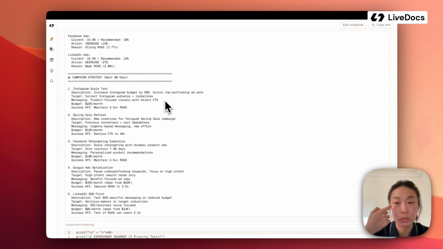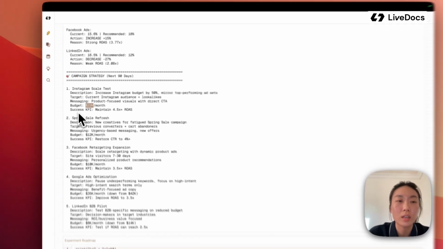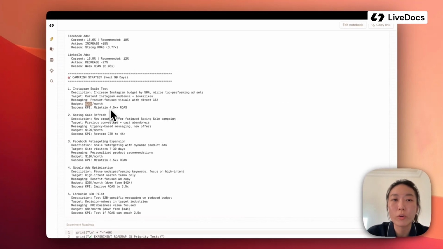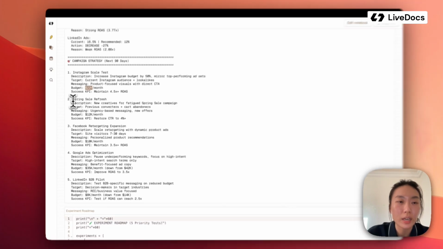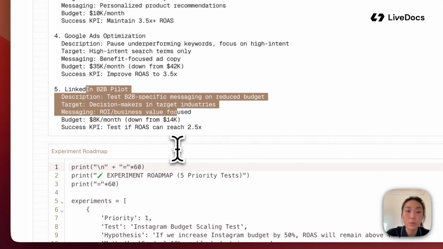So we need a stronger call to action and more visual design in the ads. Budget can be 22K per month, and the success KPI has to be a 4.5-plus return on ad spend. And then the second will be the spring sales, and you can read here. And Livedocs suggested a few.